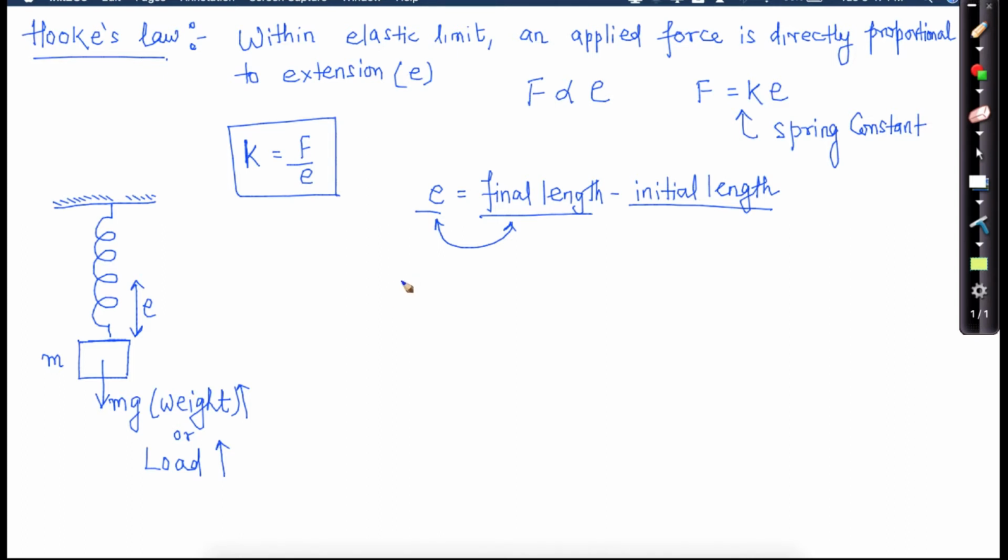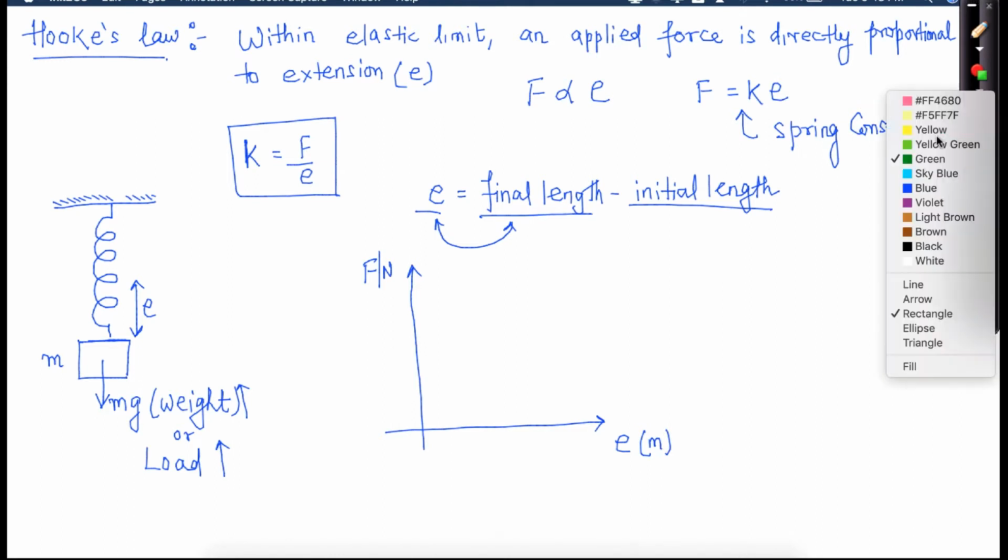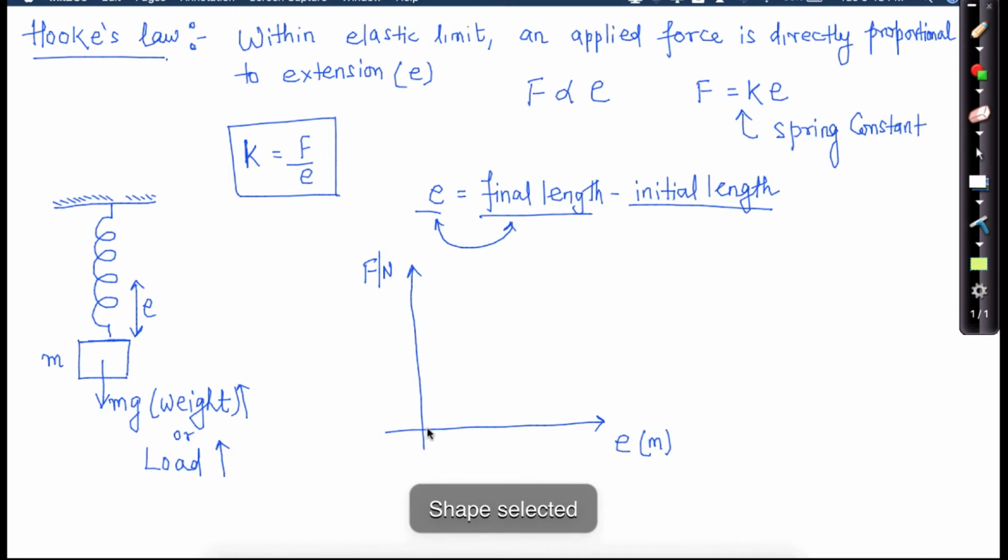So here when you have to plot a graph between load and extension, and in the next class you are going to conduct this experiment in the lab also. If you have different force F, which is in newtons, and extension which is in meters, the graph would be something like this, a linear graph.